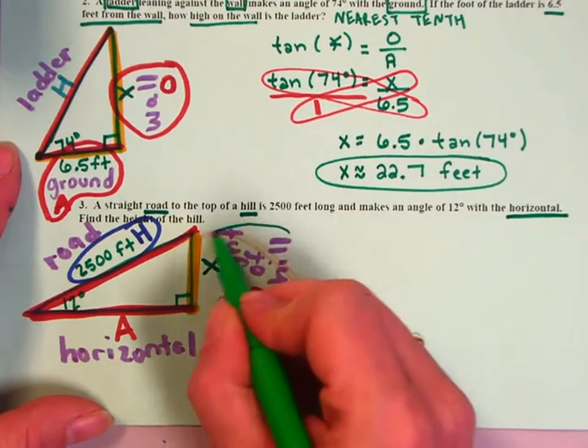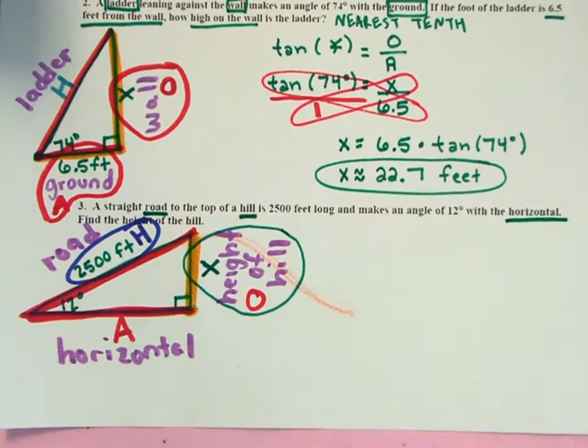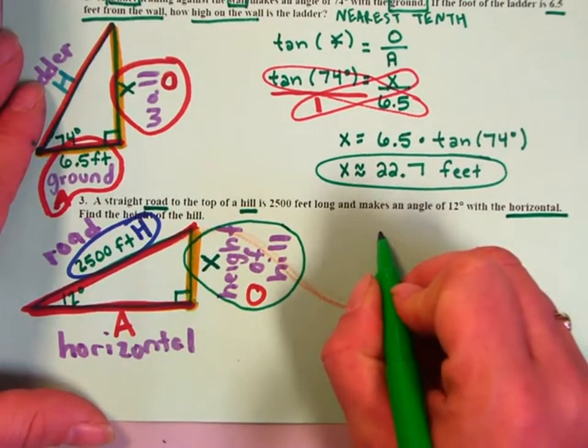So that means we have information about what two sides? O and H, which makes sine.